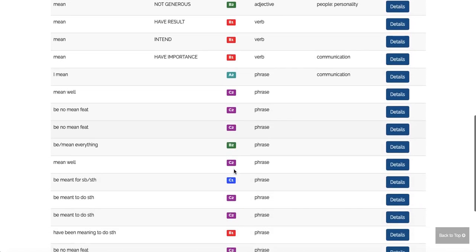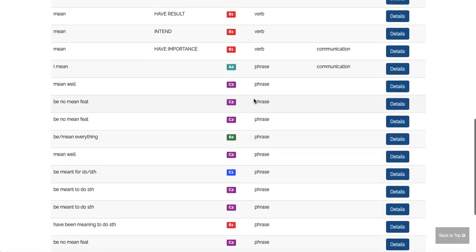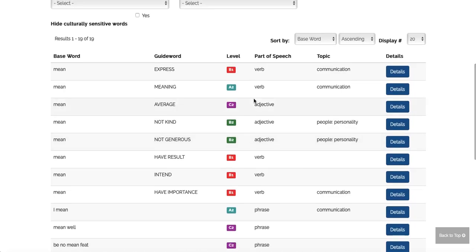Also here you can find some phrases belonging to C2 level, like mean well, be no mean feat, which is a nice expression, or mean everything, mean for something, be meant to do something. So a lot of different phrases and parts of speech denoting absolutely different meanings.